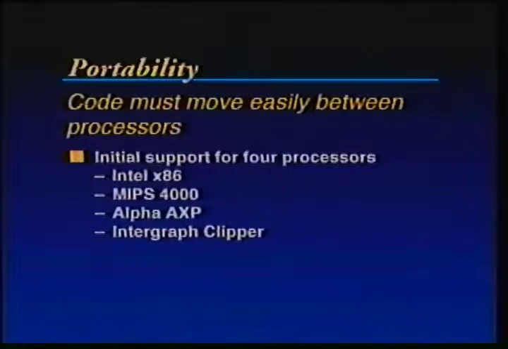There's also going to be support for workstations built on the MIPS 4000 chip. And finally, Digital is working with Microsoft to make sure that the operating system runs on our Alpha AXP system. And I'll be telling you a lot more about the Alpha PC in a little while.